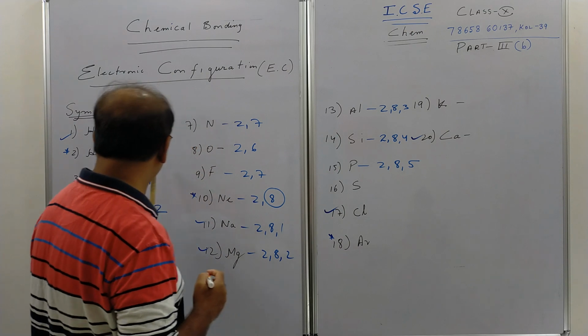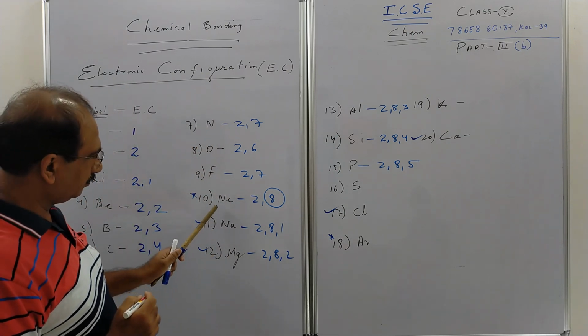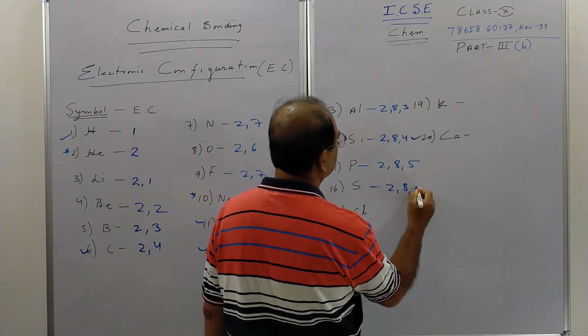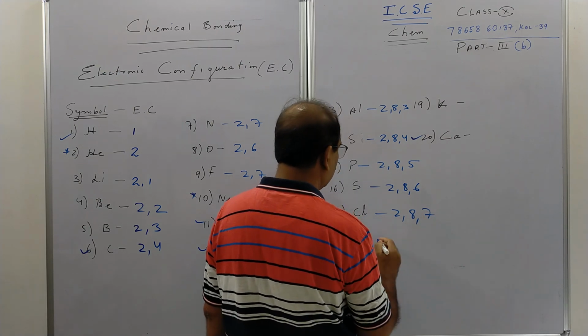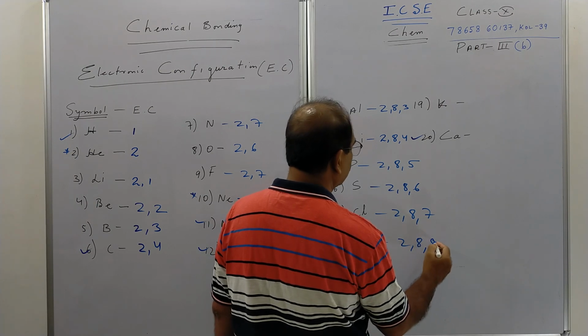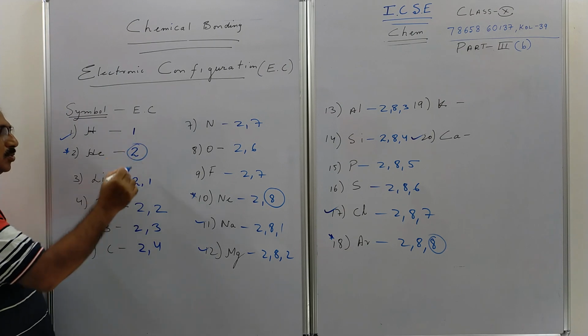So from here it has only one orbit, this has 2 orbits. So after neon we have 3 orbits. Sulfur is 2,8,6, chlorine is 2,8,7. This is very important, 1 electron short. Argon is 2,8,8. This has a stable structure of last orbit 8. Helium has 2, a duplet.